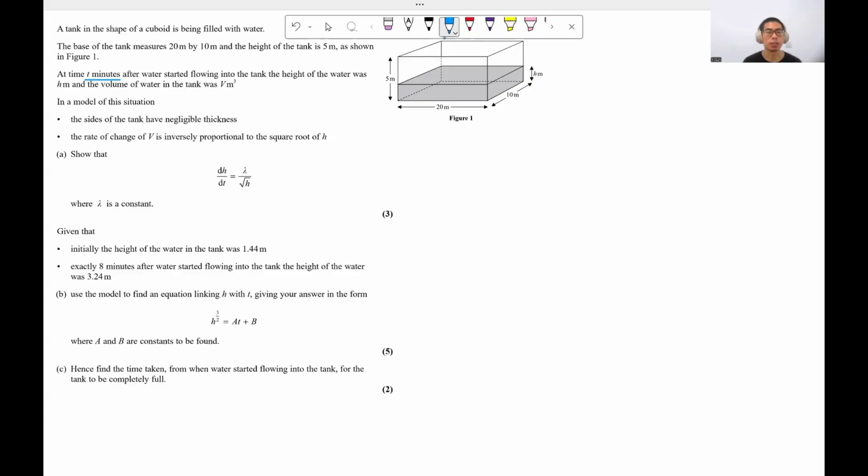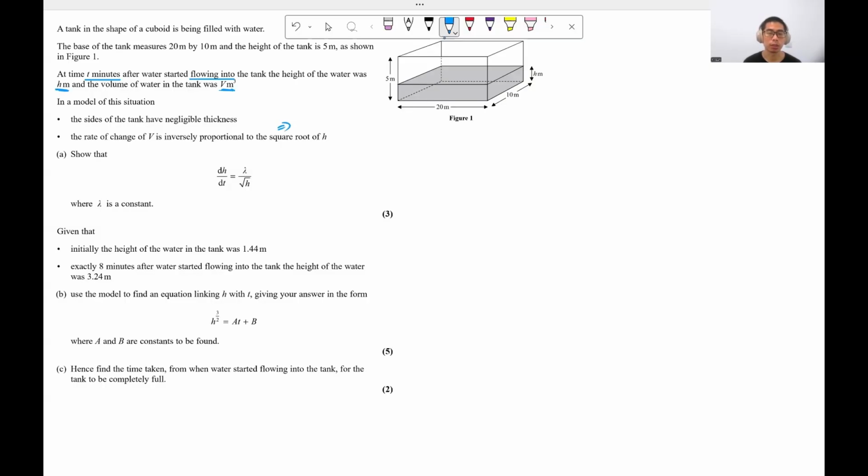After water started flowing into the tank, the height of the water was h meters, and the volume of the water in the tank was V cubic meters. In the model of this situation, the side of the tank has negligible thickness. The rate of change of V is inversely proportional to the square root of h.